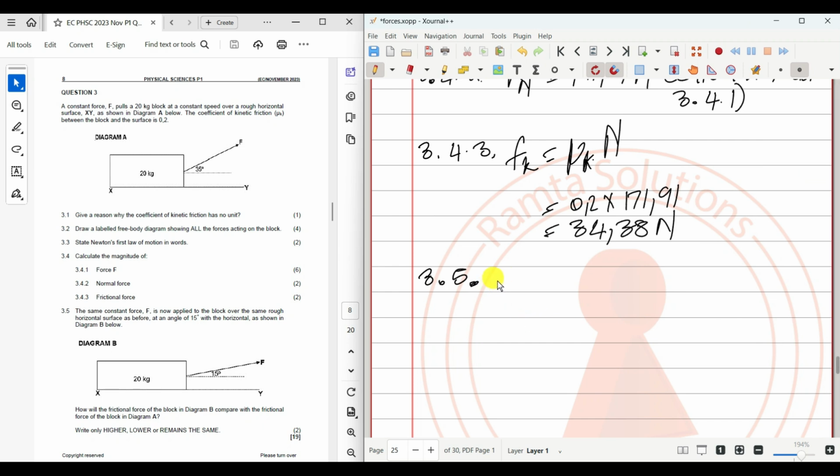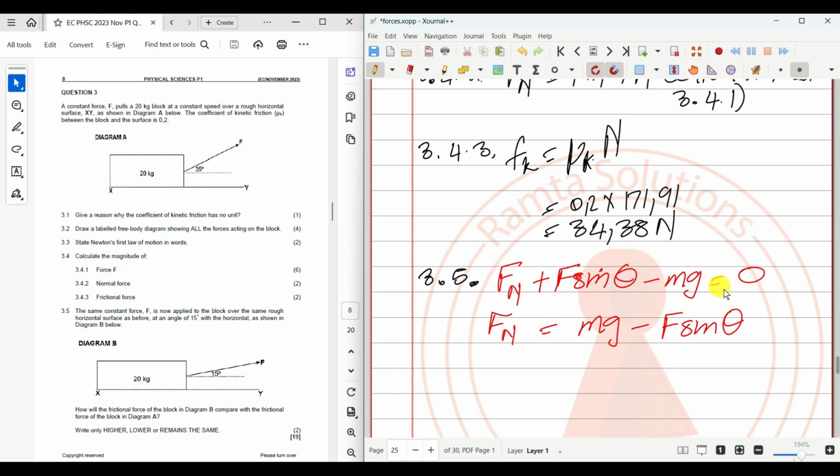Remember, in the vertical direction we had Fn plus F sine theta minus mg equals 0. So this means your normal force will be mg minus F sine theta, isn't it?